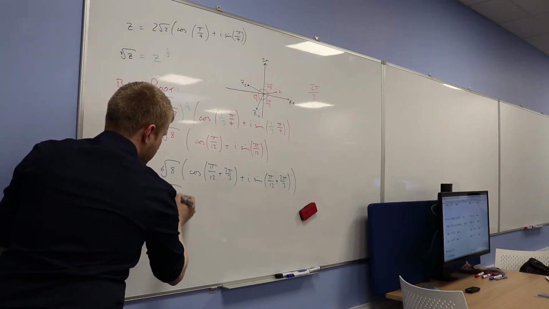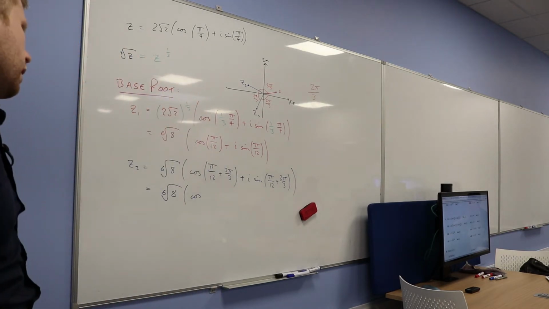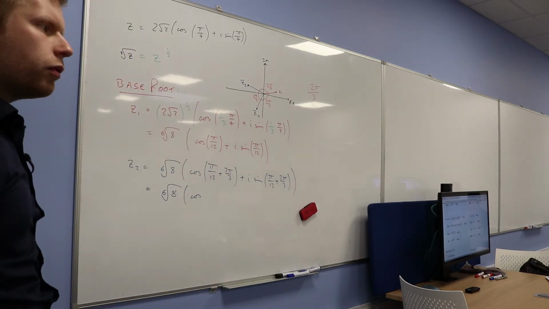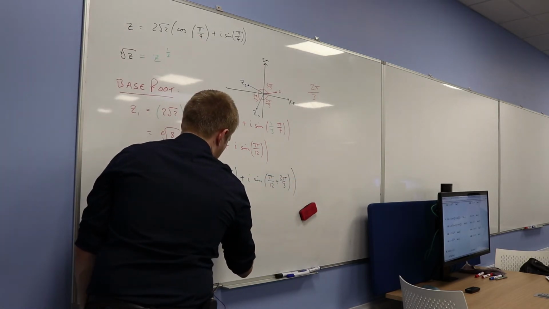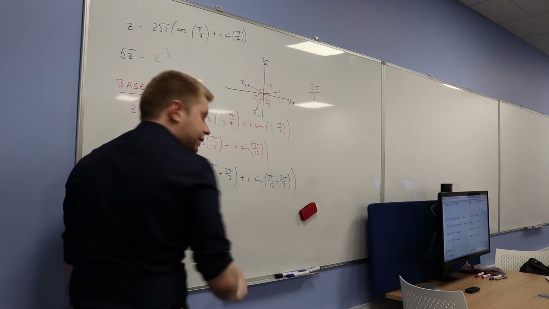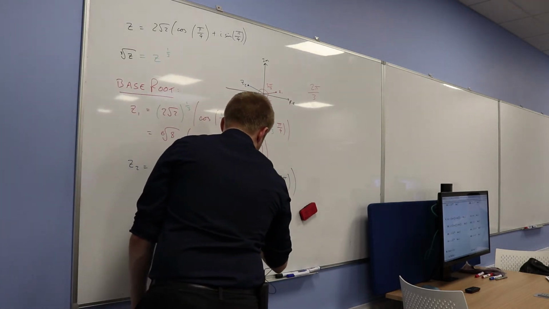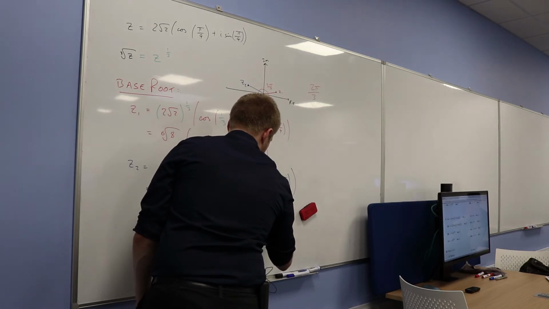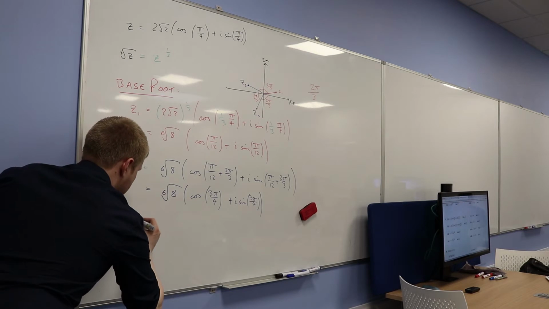So 6th root of 8, cos of, what would that be? 9 pi by 12? Do you agree with that? And you can simplify that. 3 pi by 4. So that's fully simplified. Okay? Plus i sine of another 3 pi by 4. Is that okay?